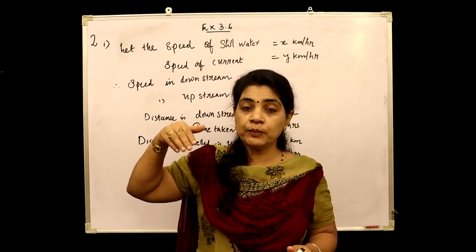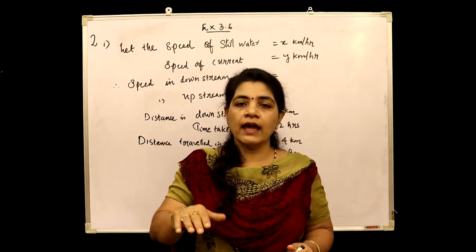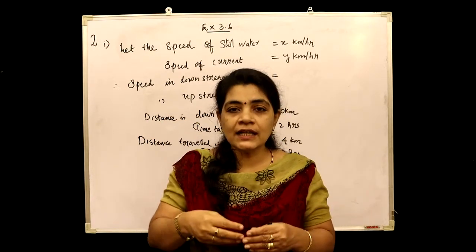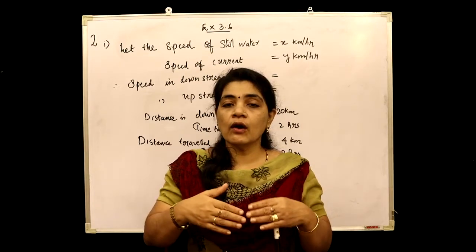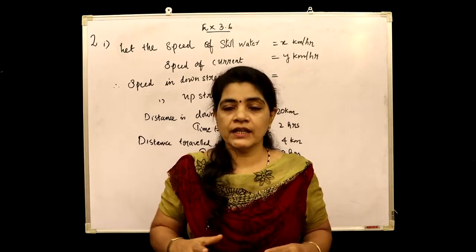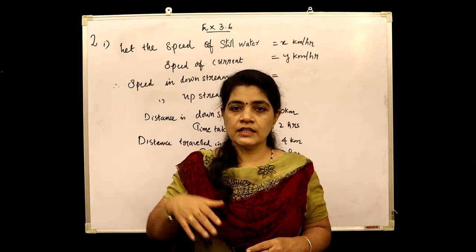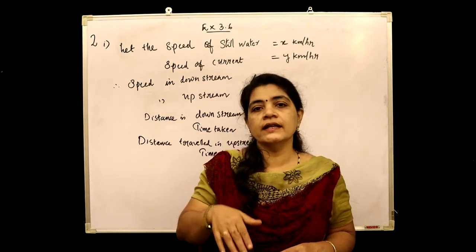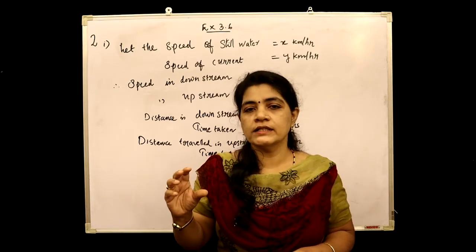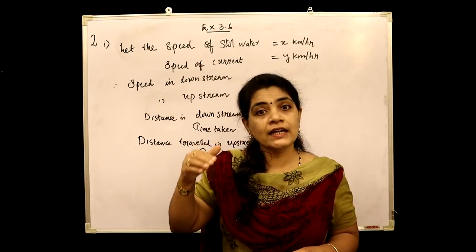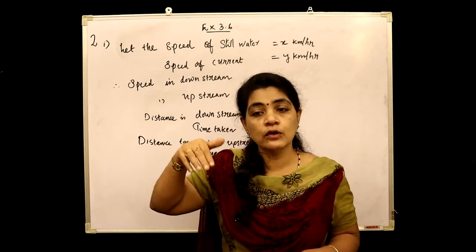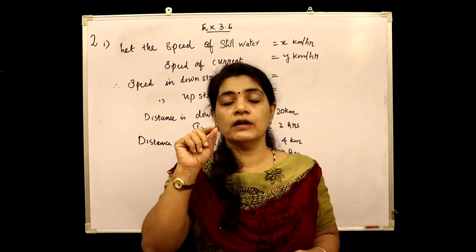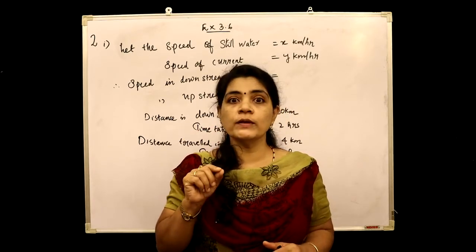So her speed in still water, together with the flow of current, will give the speed in downstream. Understood? The actual speed in still water is x kilometer per hour, and water has its natural tendency to flow down. We have taken the speed of current as y kilometer per hour.